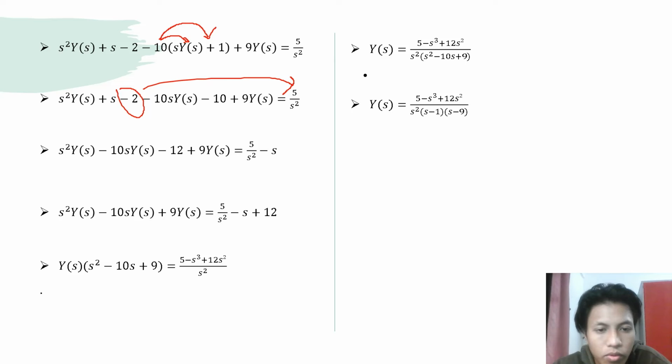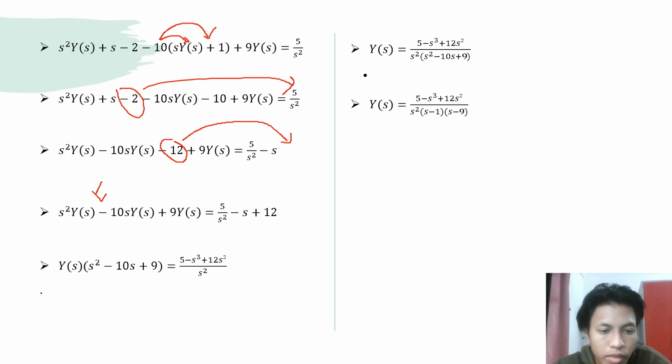After that, we must move the -12 to the other side too. Okay, and then we get s square Y(s) negative 10 sY(s) plus 9Y(s) equal to 5 over s square minus s plus 12.